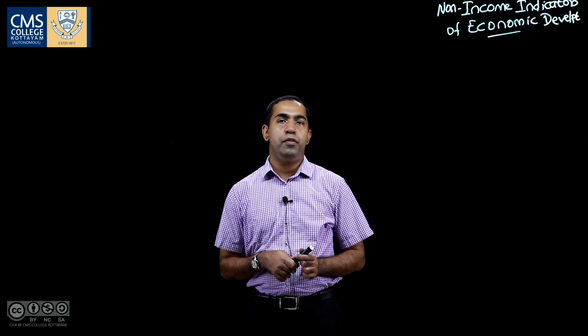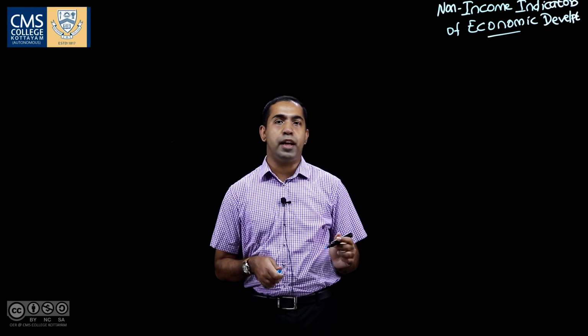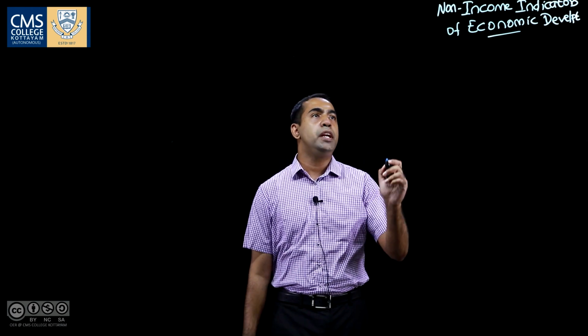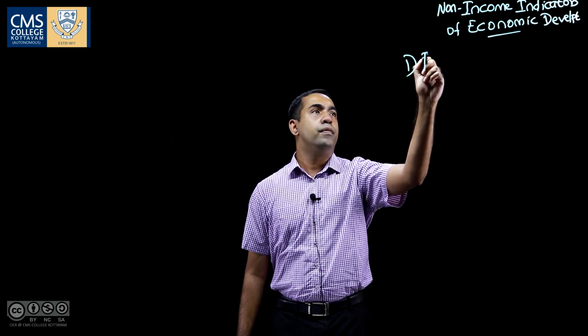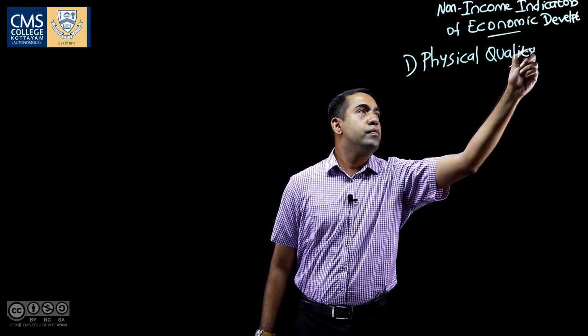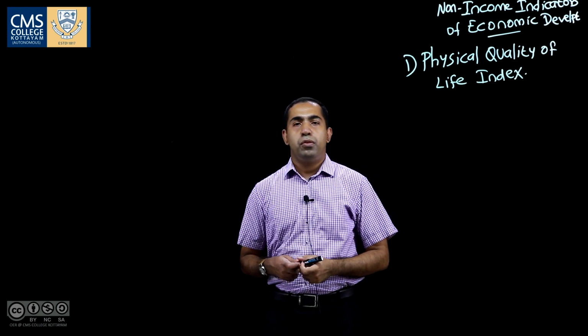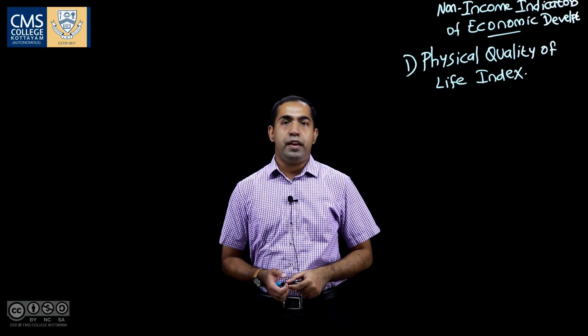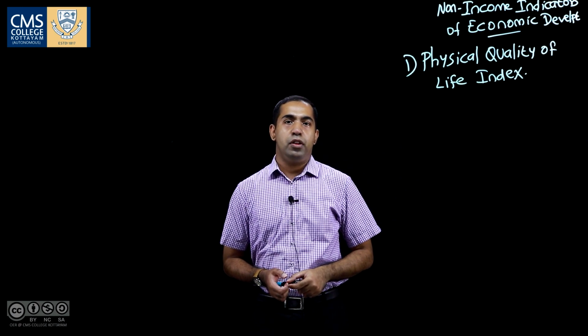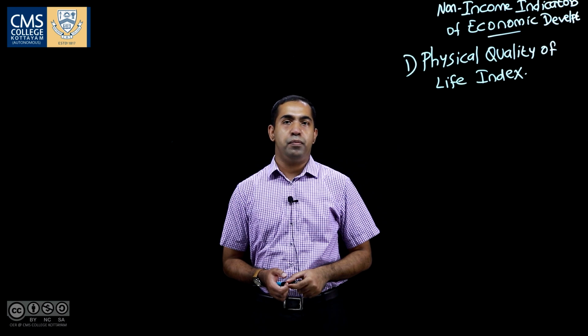So today we are discussing certain indicators. The first one is the physical quality of life index. The physical quality of life index is an attempt to measure the quality of life.